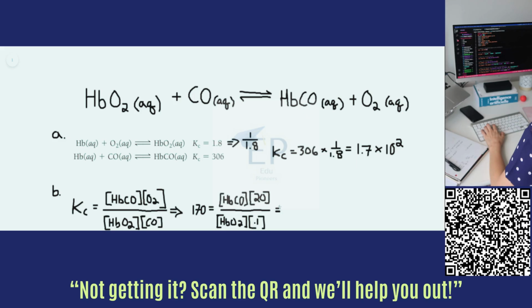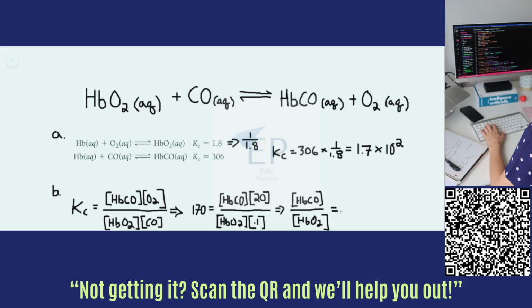Now, if we were to rearrange and solve for this ratio, HbCO over HbO2, this is done algebraically simply by multiplying 170 by 0.1 and then dividing it by 20, which would leave us with this fraction.